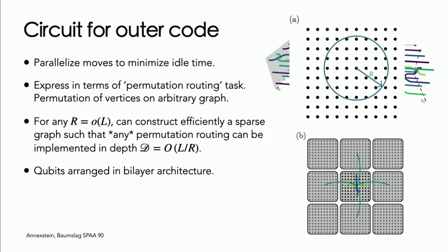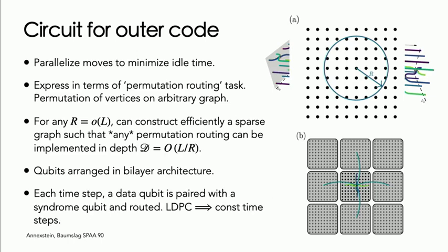So in this specific setting, what we're going to do is arrange all of our physical qubits for the outer code in a bilayer architecture. And at every time step, a data qubit is going to be paired with a syndrome qubit, one in each layer, and then routed using this permutation routing algorithm.